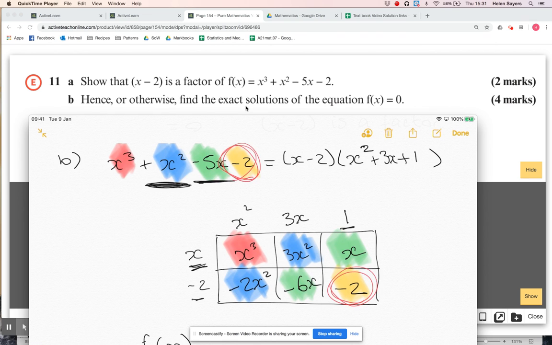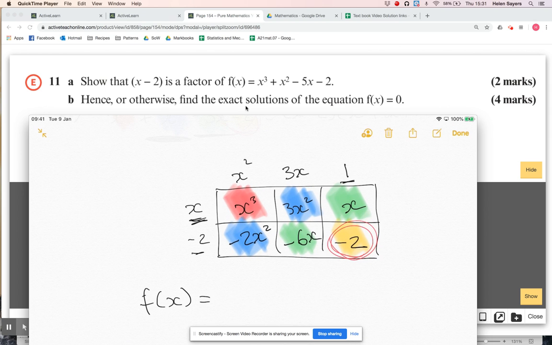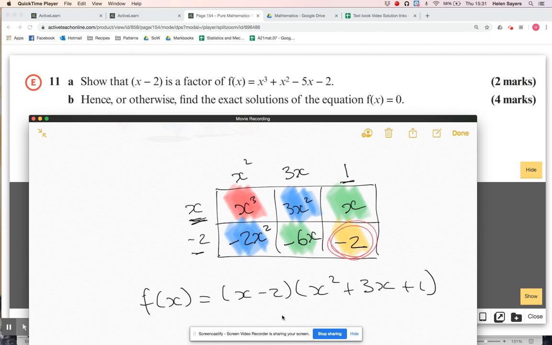So whichever way we've done it, we've got f of x is x minus 2 times x squared plus 3x plus 1. Okay, and there's a bit of a clue in the wording of the question here. So normally, if it said factorise fully, I would be looking to see if this quadratic factorises, and it doesn't, because both the constants would have to be plus 1, and there's no way of getting plus 3x.